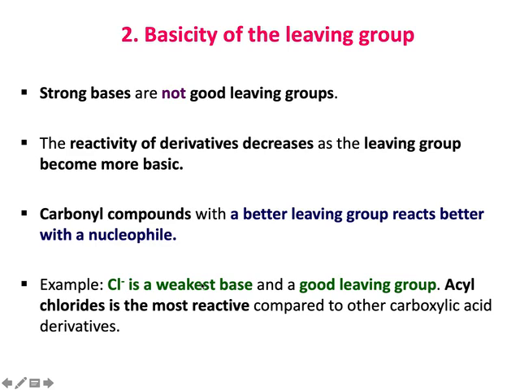It is the weakest base, but good as a leaving group, because basicity depends on the leaving group. Halide is the weakest base, and a weaker base gives a good leaving group. Acyl chloride is the most reactive compared to other carboxylic acid derivatives, because chlorine is a weak base and produces a good leaving group.